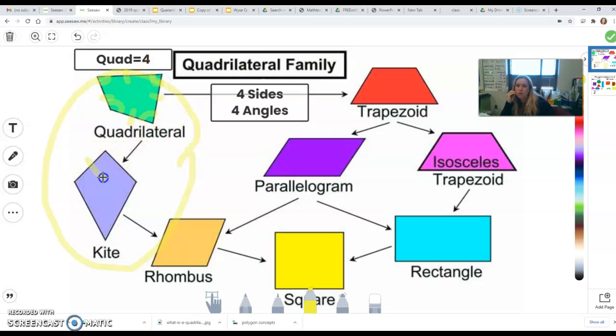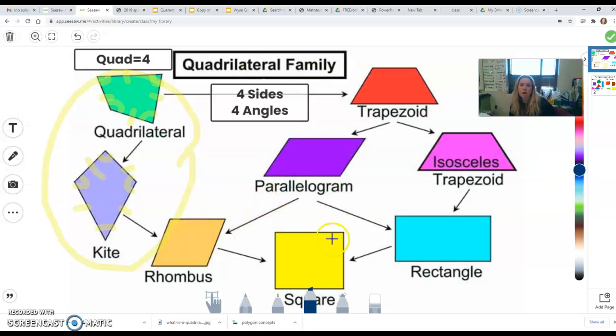And the same here, 1, 2, 3, and 4, and 1, 2, 3, and 4. So these two quadrilaterals do not have parallel sides, and so they are just simply quadrilaterals.